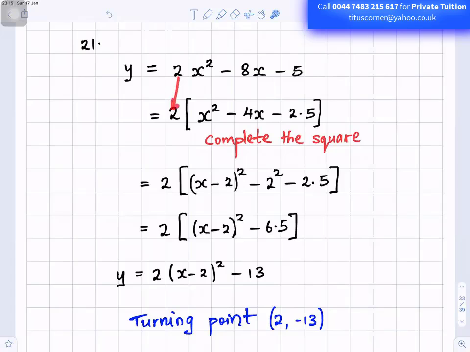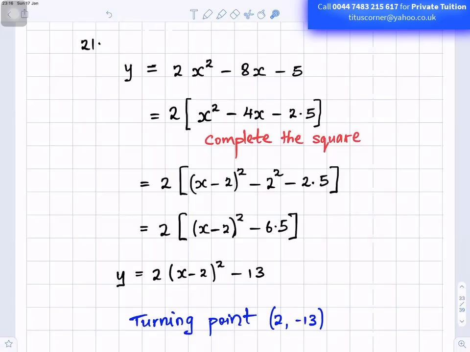So 2 would factorize out, and you're left with x squared minus half of 8, which is 4x, and half of 5 is 2.5. So the 2 stays the same, and we'll complete the square for what's inside that. Half of 4 is 2, so it's x minus 2 squared, and square the 2 and minus 2.5.